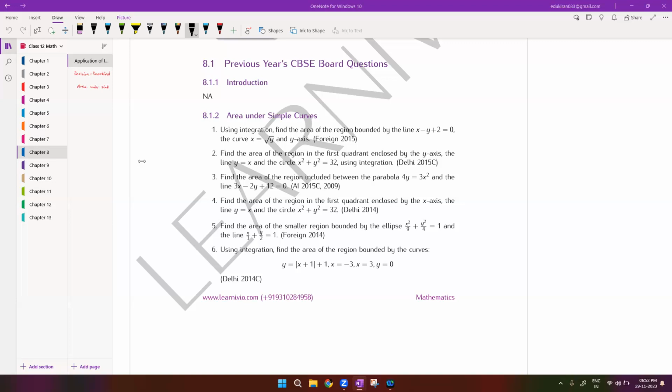So you can note down first as well as second, third also, and fifth and sixth too. First, third, fifth, and sixth. We will be solving these four questions.